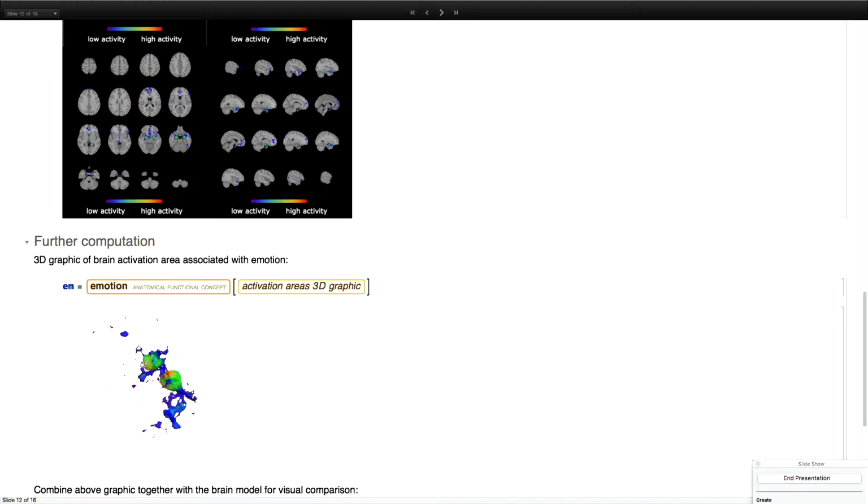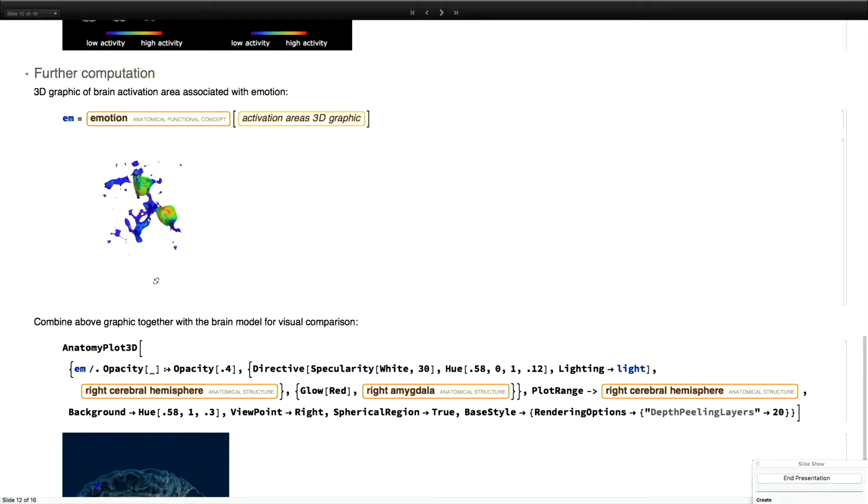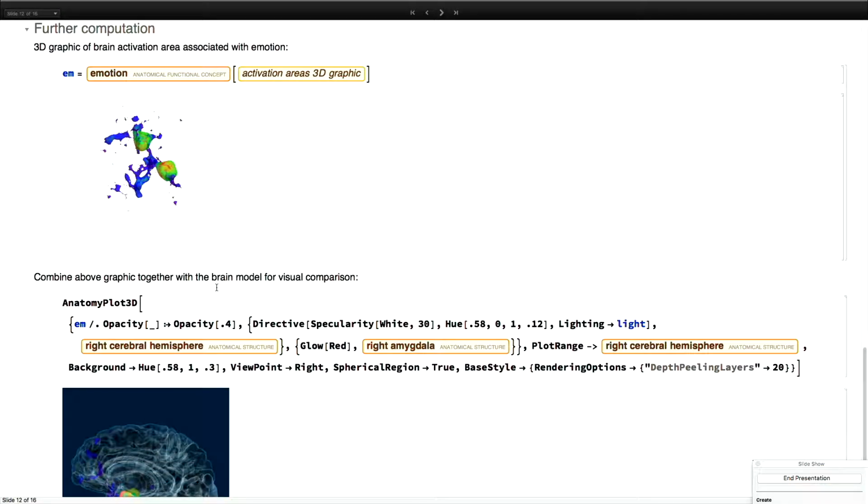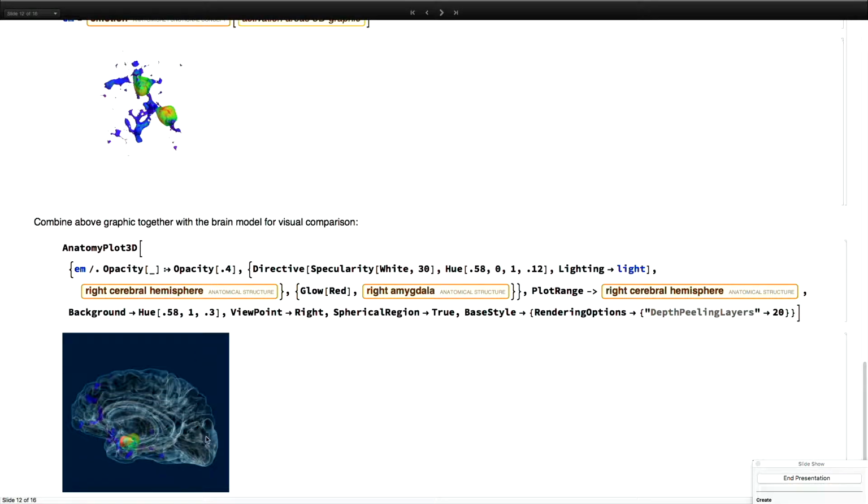So it's a rotatable activation area associated with emotion. So we can combine this graphic with other brain structure models in the anatomy data to, for example, get the graphics overlay or do some geometric computations to actually calculate the graphics intersections.